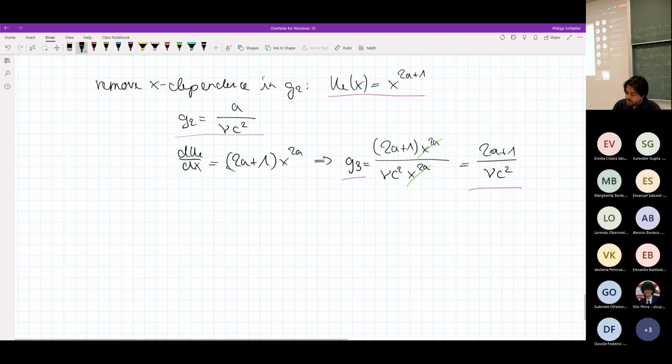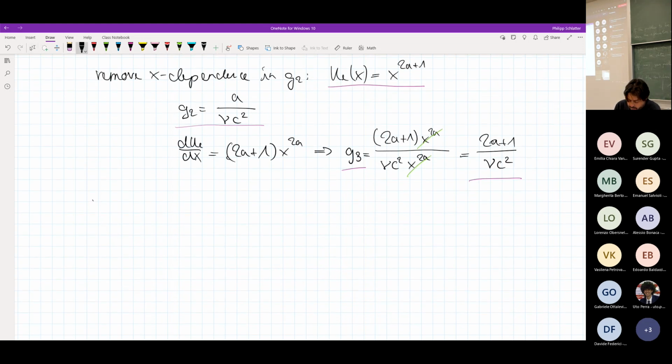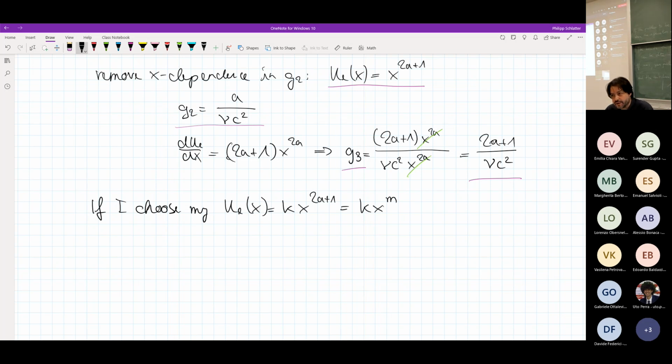So if I choose my free stream velocity UE of x to be some sort of constant times x to the 2a plus 1, or I can also call this now k times x to the power of n, if I want to introduce yet another letter.